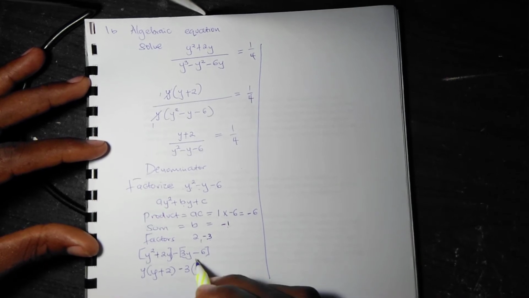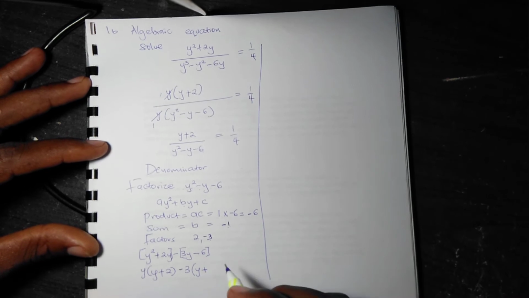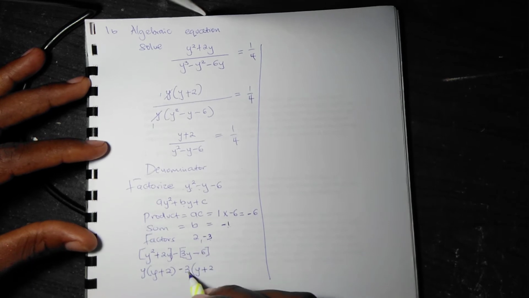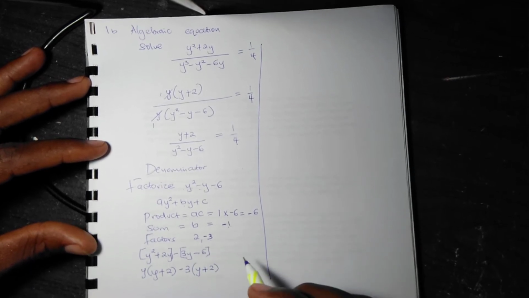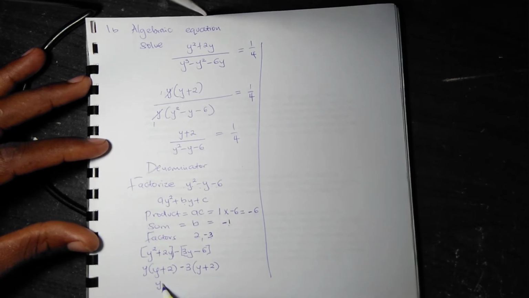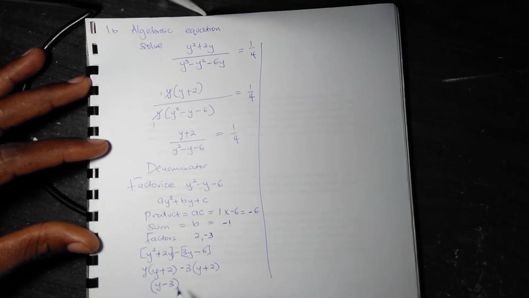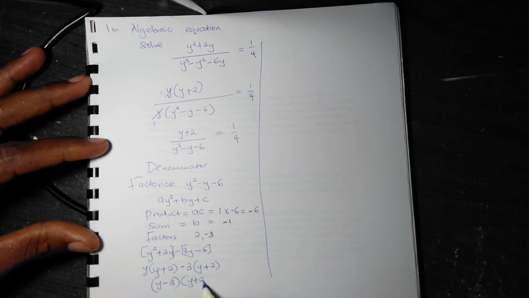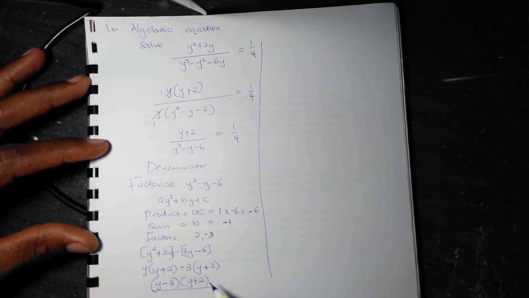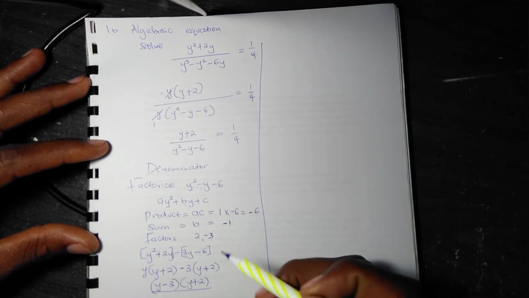Because of the negative outside the bracket, the negative becomes a positive, and we place 2, which remains after removing 3 on the outside. We therefore factorize into (y minus 3) and (y plus 2), the factorized form of y squared minus y minus 6.